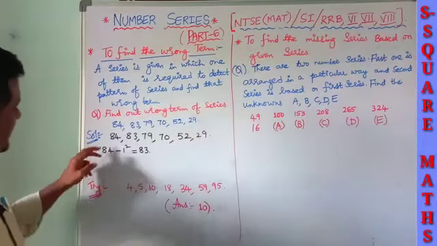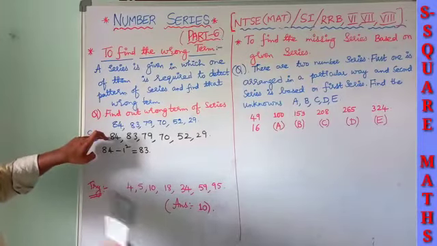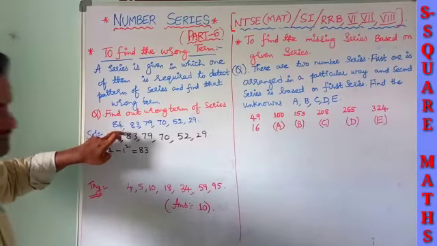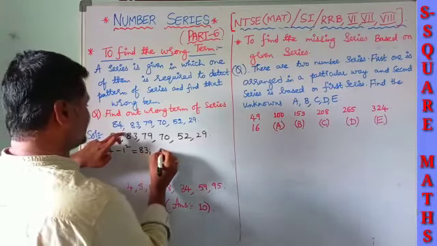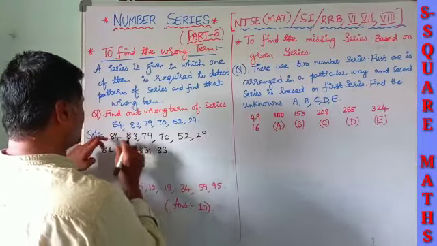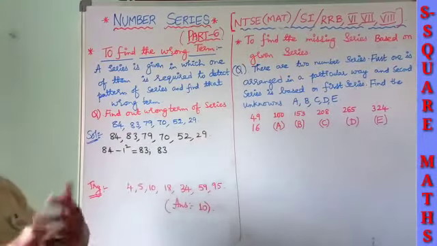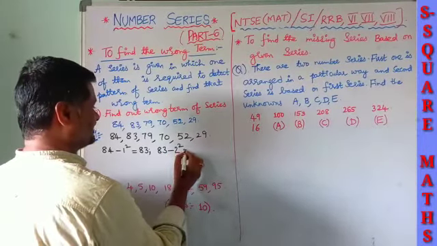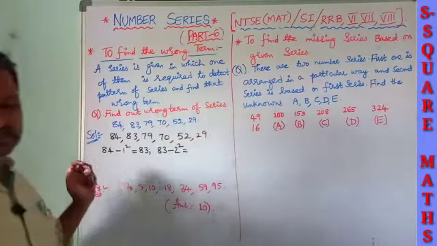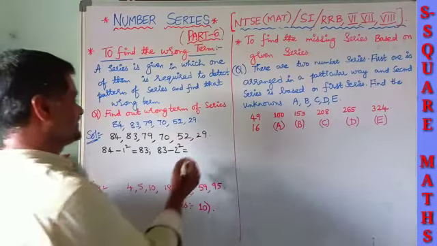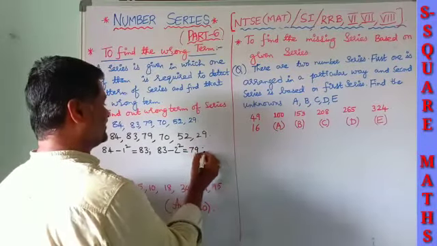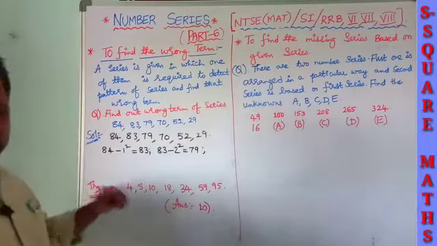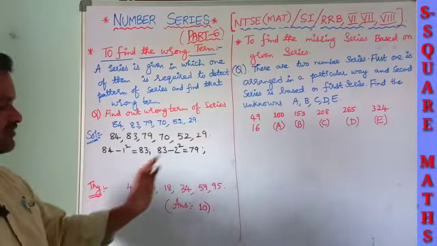So we got 84, the first term, minus 1 square is 83, the second term. Again consider the second term. With the first term deducted by 1 square we got the second term. So 83 minus 2 square, 2 square is 4, it is 79. So we got our third term using the second term. So 1 square is deducted, then 2 square is deducted.